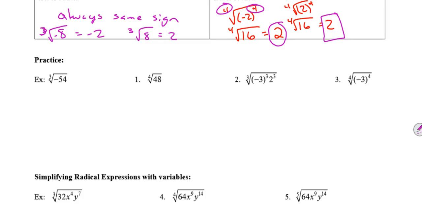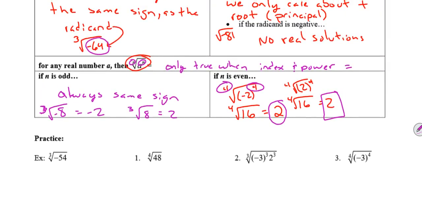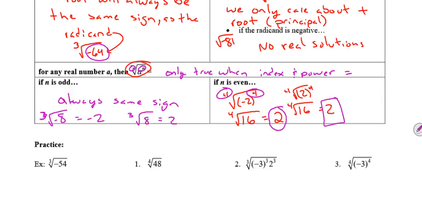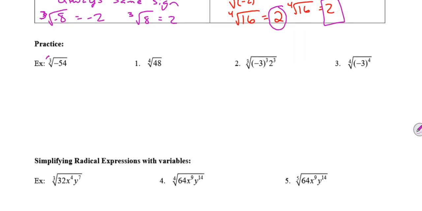So, the first thing I want to talk about is this rule up here that says that if the index is odd, my answer will always be the same. So, this is an odd index. This is a negative number. So my answer is going to be negative. So I'm just going to bring that out now.